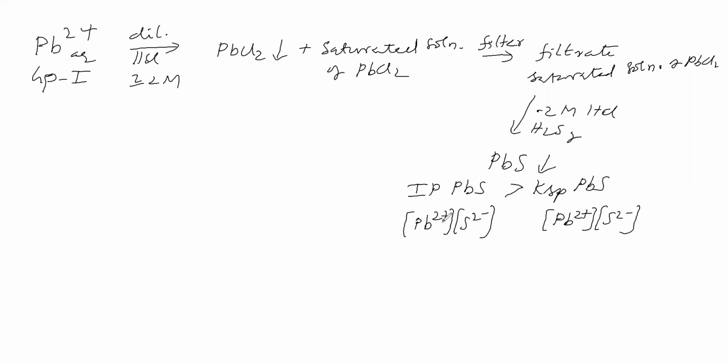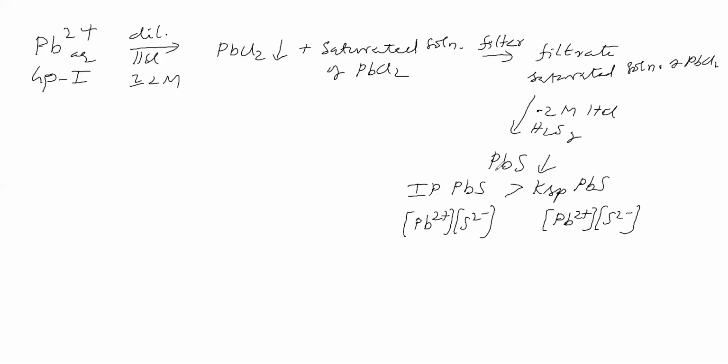Now this is the concentration of Pb2+ in the saturated solution of PbCl2, and you see that this concentration of Pb2+ is enough for precipitating as PbS. Therefore, Pb2+ comes under even the second group.